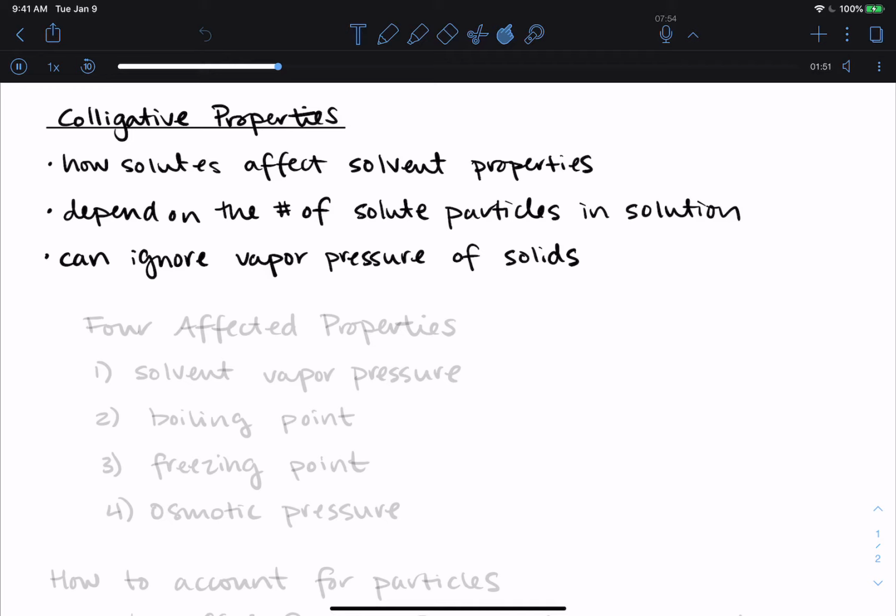So there are 4 properties we're going to talk about. In this video, I'm just going to list those properties, and then we're going to talk about the specific factor that we put into some of our equations to account for the number of particles in solution. So the 4 affected properties. Well, the first one I already mentioned. It's the solvent vapor pressure.